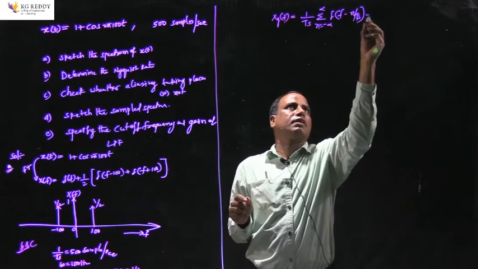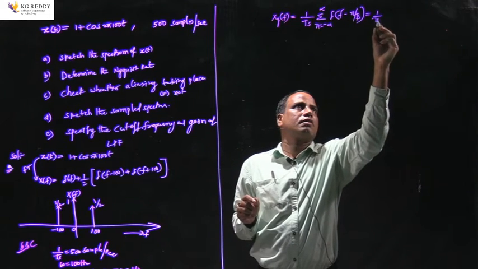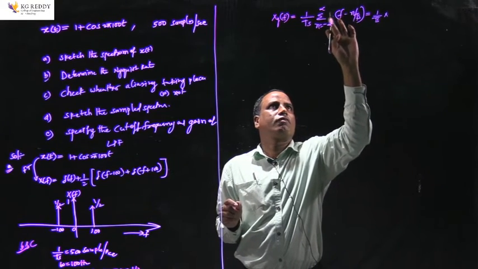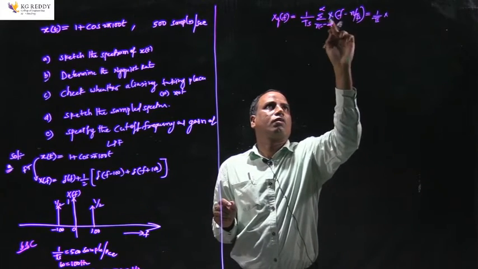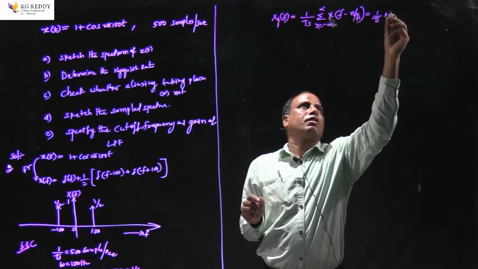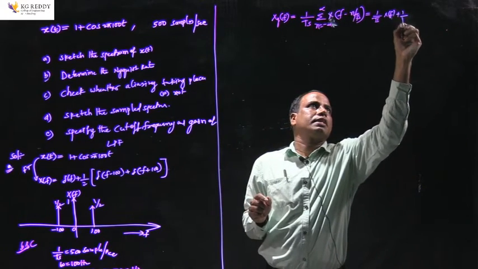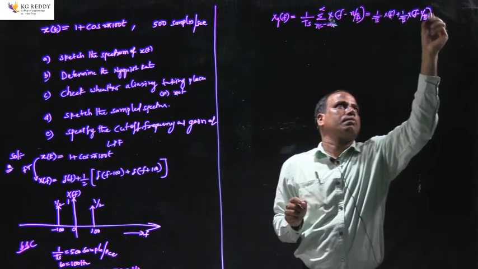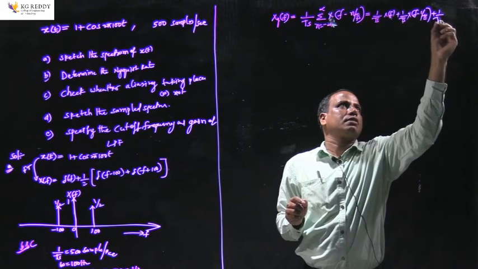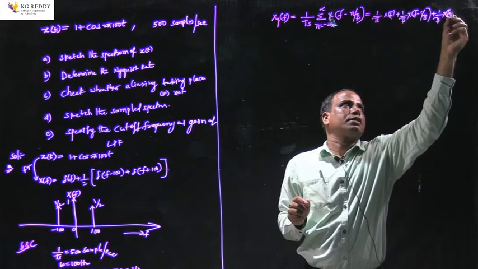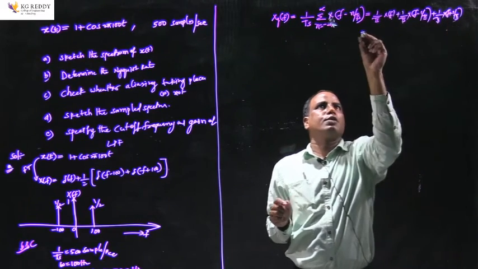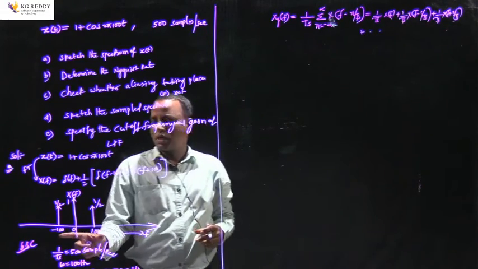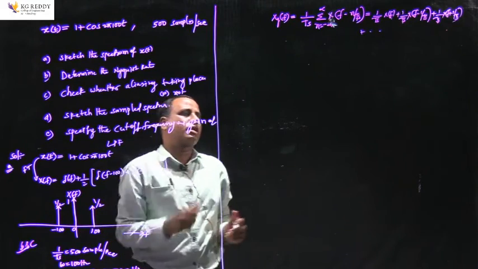This can be elaborated as 1 by Ts into x of f, plus 1 by Ts x of f minus 1 by Ts, plus 1 by Ts x of f plus 1 by Ts, and it continues. Now x of f we have already drawn, and based on this x of f we are going to draw the sampled spectrum.